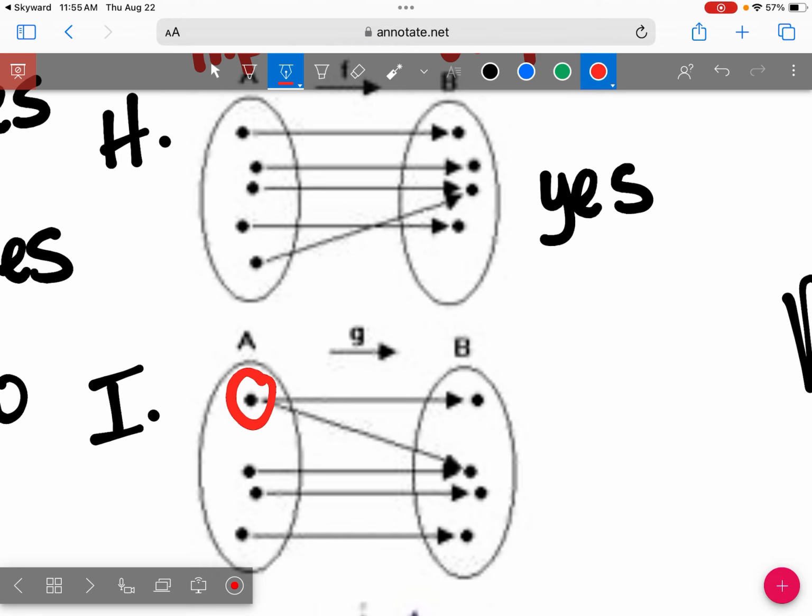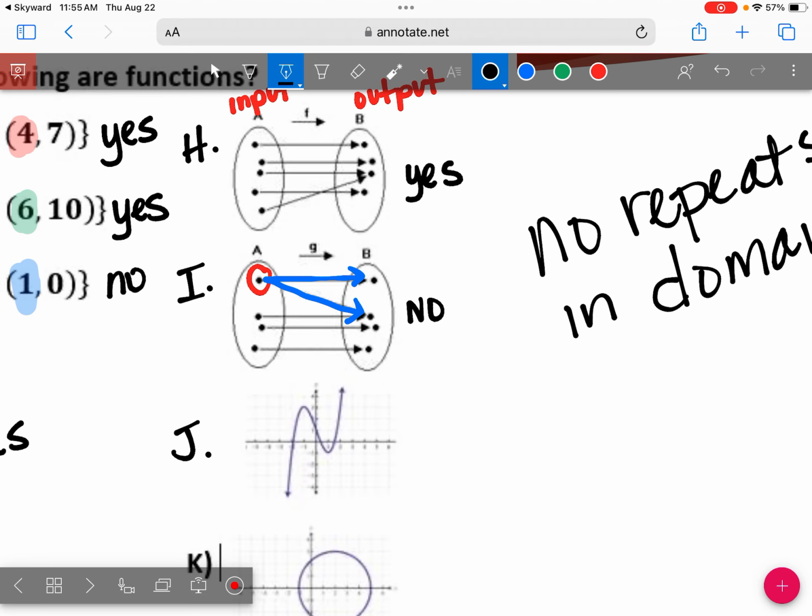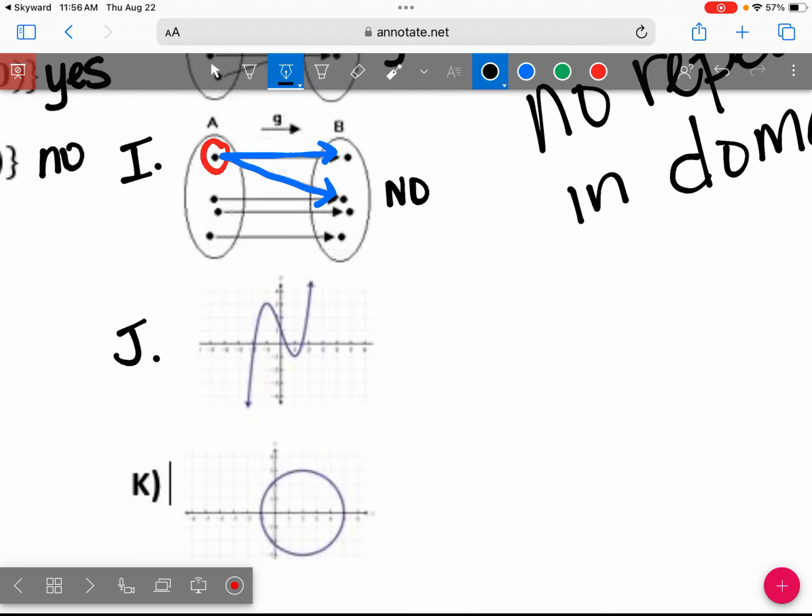Okay? That one input has two different outputs. It's going to two different outputs, which makes that one a no. That's your map.